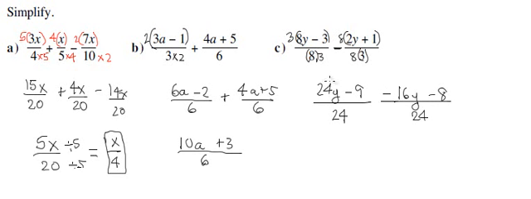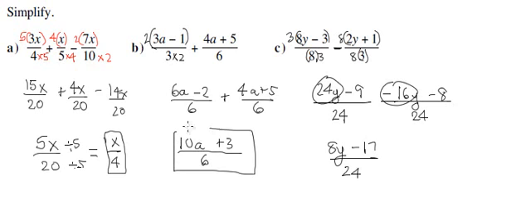So our finished version is going to be 24y minus 16y is 8y. Negative 9 minus 8 is negative 17, all over 24. Done. Done because this won't reduce any further. There's no number that will divide into 24 and 8 and 17 evenly. You should look for one, but in this case, just like in part B, you will not find one.